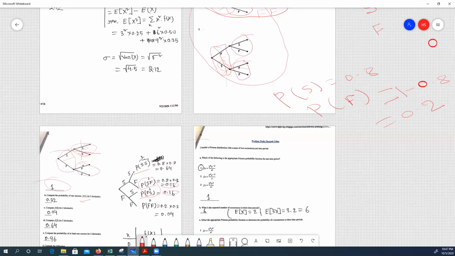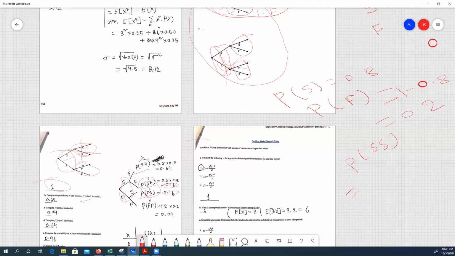So for the probability of SS, since they are independent, this is a binomial trial. In a binomial trial, the outcomes are independent from trial to trial. So what does it mean? That means getting S or F in the second experiment doesn't depend on the result from the previous experiment.